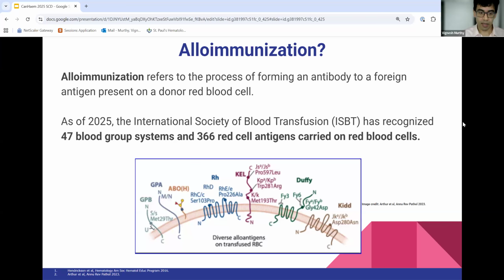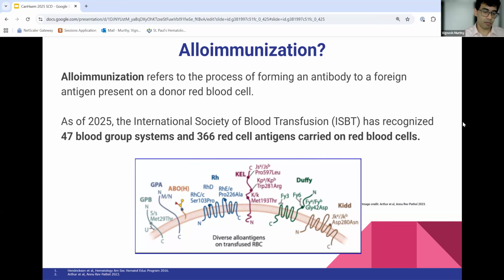The way I describe it is that every individual inherits a unique signature, and everyone's red cells will have their own different pattern of these red cell antigens. And the problem is there are ethnic differences in this. As the sickle cell population is overwhelmingly Black, and our donor population in Canada, in a North American context, is overwhelmingly Caucasian, there are donor-recipient mismatches. Transfusing cross-matched red cells doesn't necessarily match for all of these antigens, and it cannot.